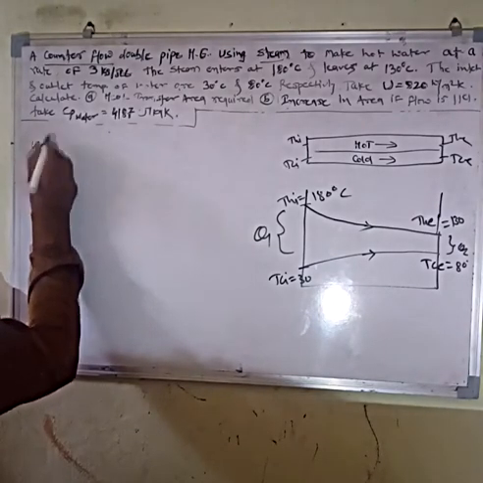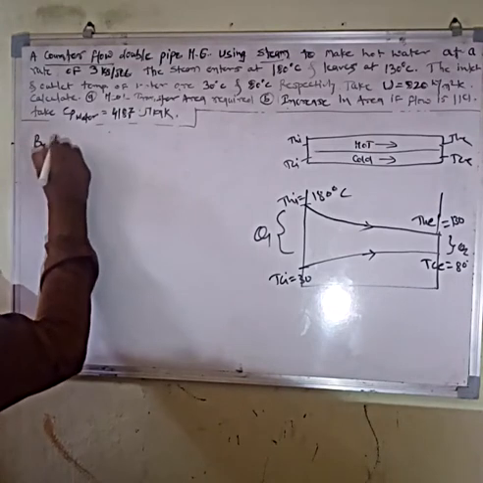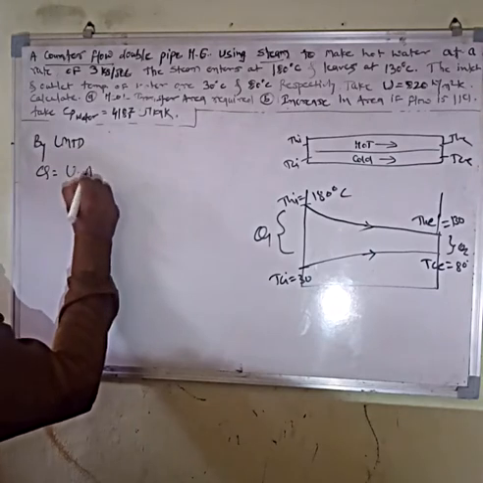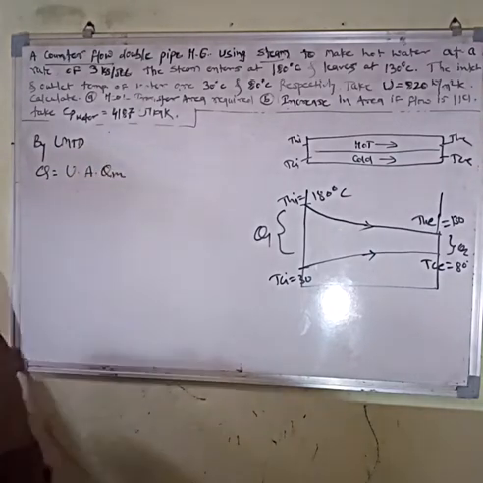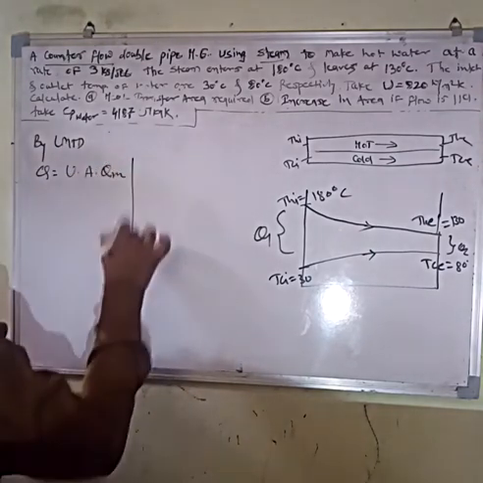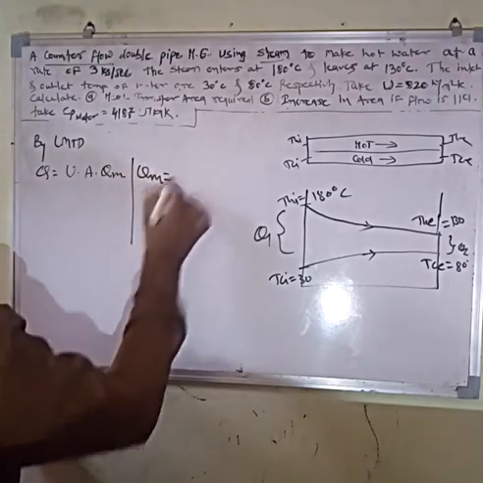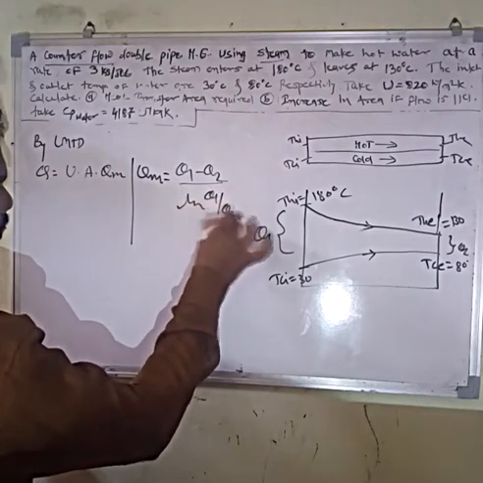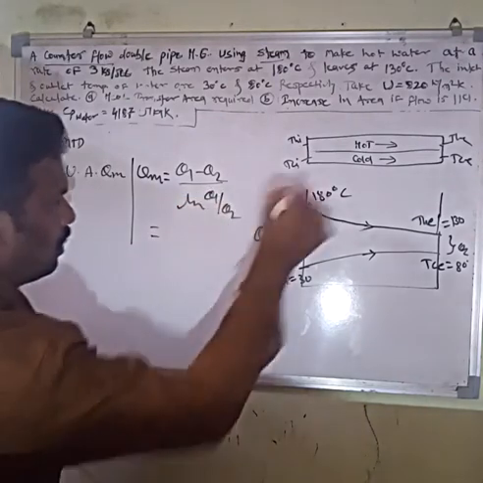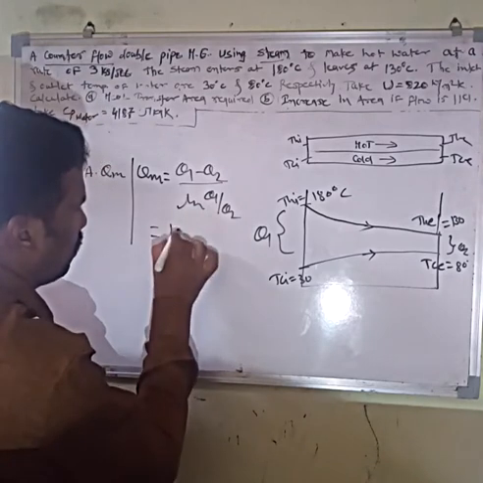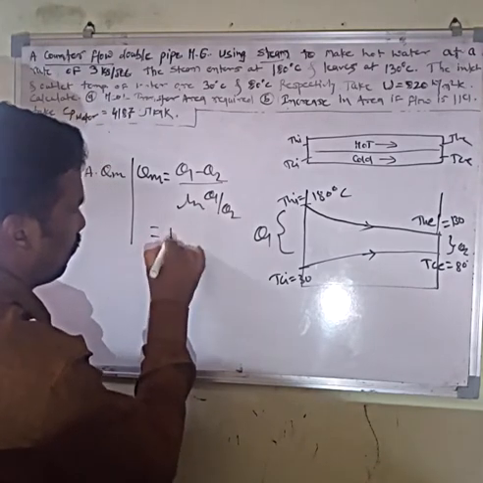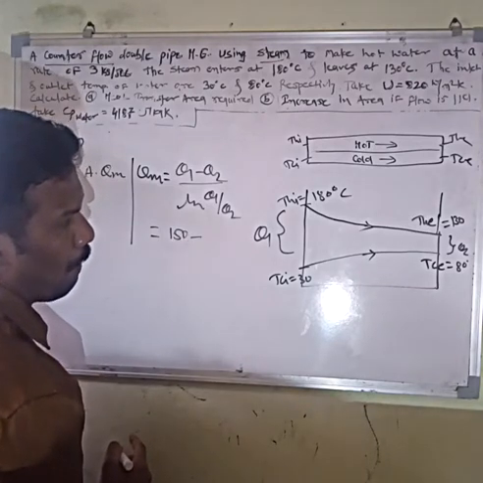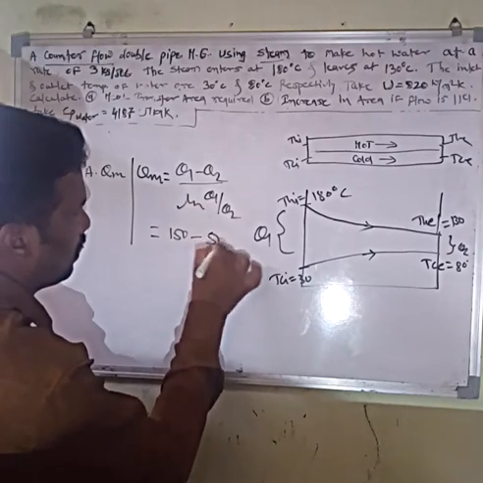By LMTD, Q is equals to UA theta m, since theta m is equals to theta 1 minus theta 2 divided by ln of theta 1 by theta 2. So what will theta 1 be? It is 180 minus 30, so it is 150. Theta 2 is 130 minus 80, so it is 50.